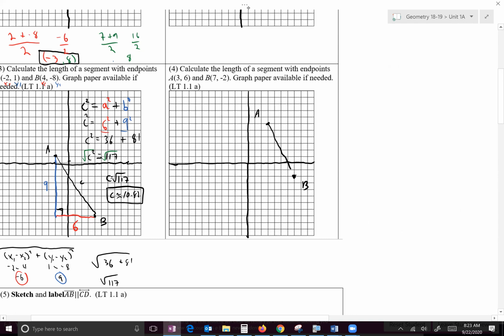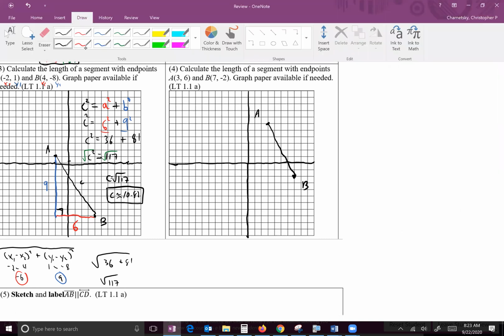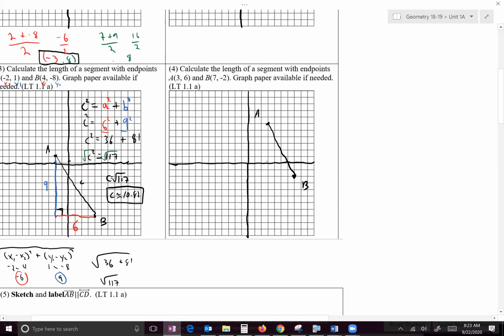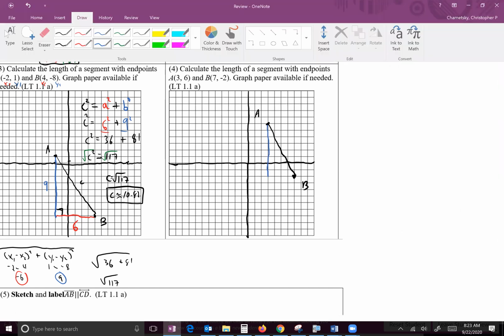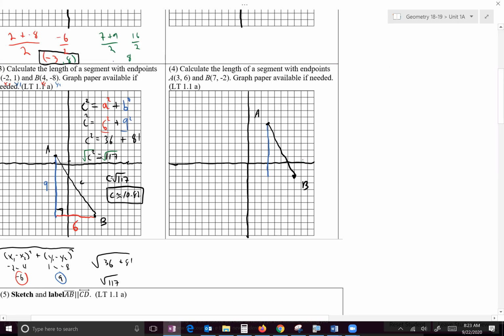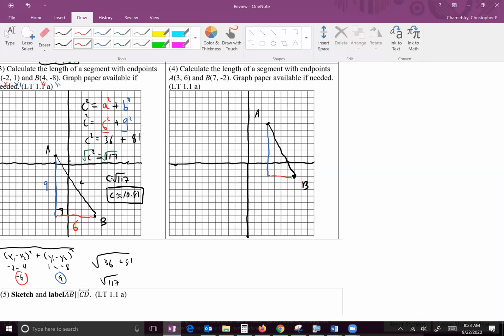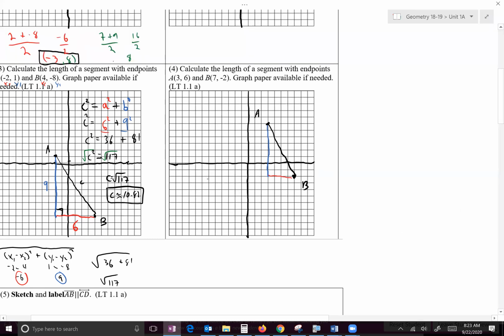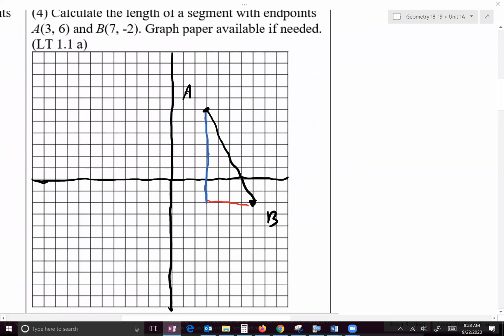Okay. Let's get our vertical and horizontal distances. 1, 2, 3, 4, 5, 6, 7, 8. And our horizontal distance is 4.